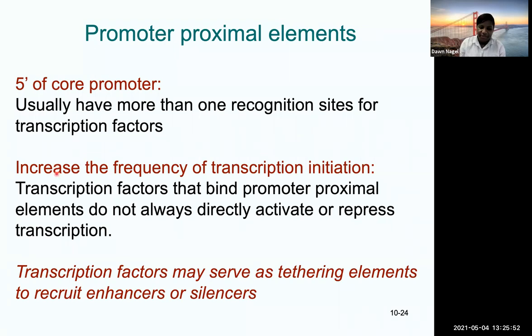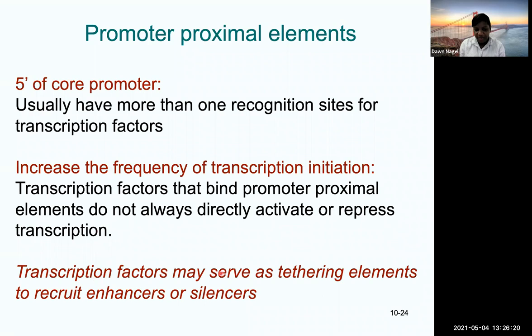For these regions in the proximal promoter, binding of transcription factors helps to increase the frequency of transcription initiation. They don't necessarily always directly activate or repress, they just increase the chance of this gene being transcribed.